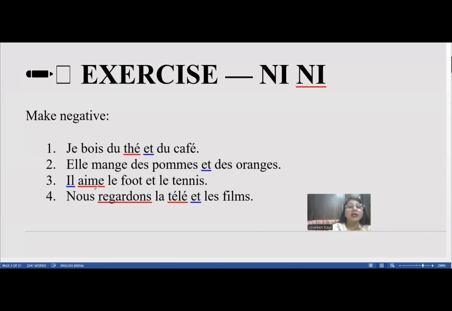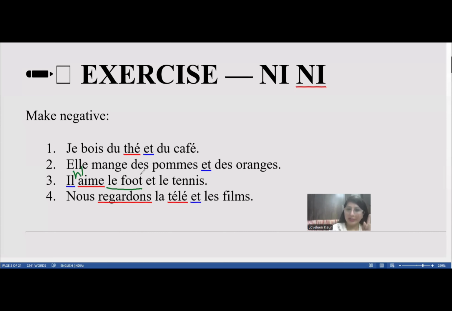Okay. Il aime le foot et le tennis. Now, what is foot? Foot is football. And now you see, it's not written du, de la. So we'll keep le and le. All right, the verb aimer is there, that is to like. So of course we'll say il n'aime. He doesn't like.